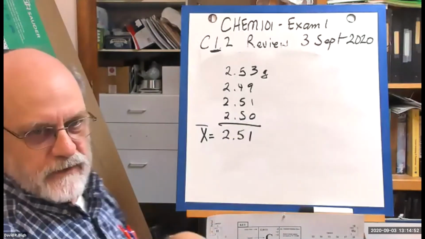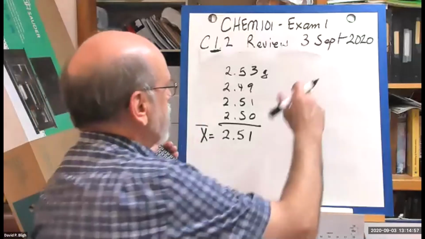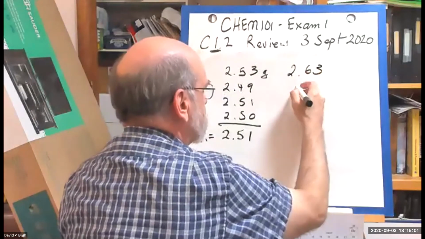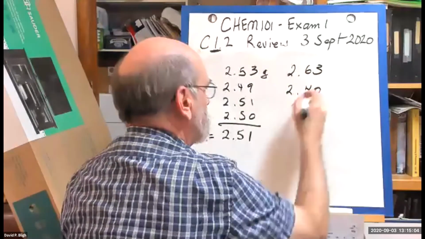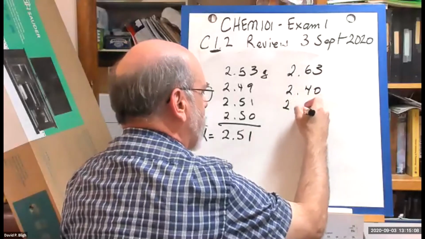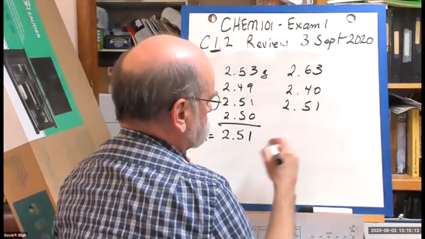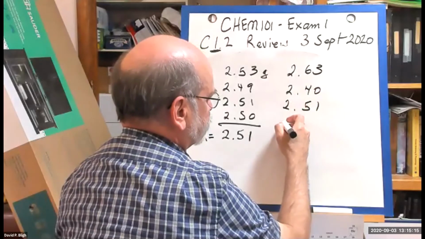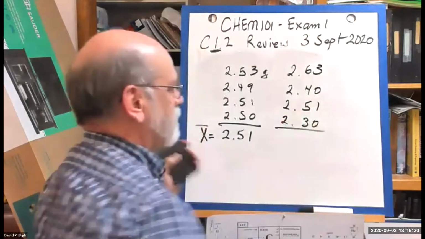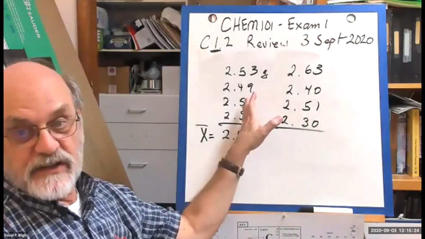Now let's say we use a different balance, and we get 2.63, 2.40, 2.51, and 2.30. Now that looks to me like it's less precise than this one.